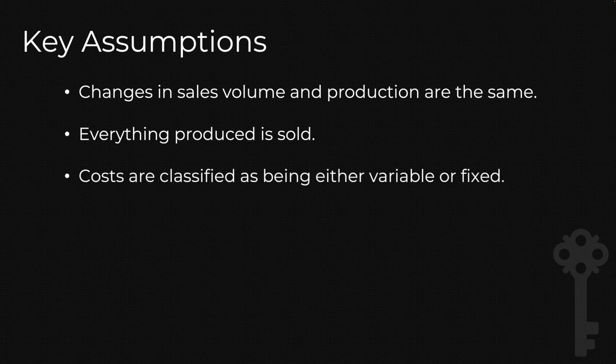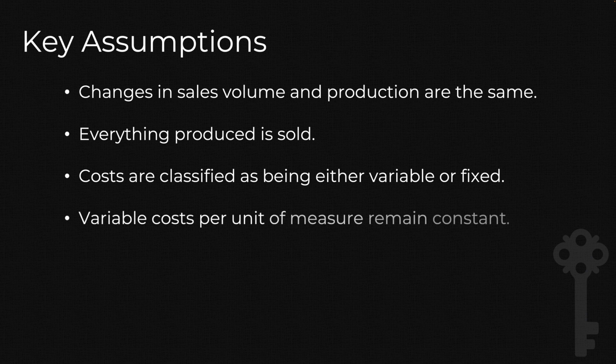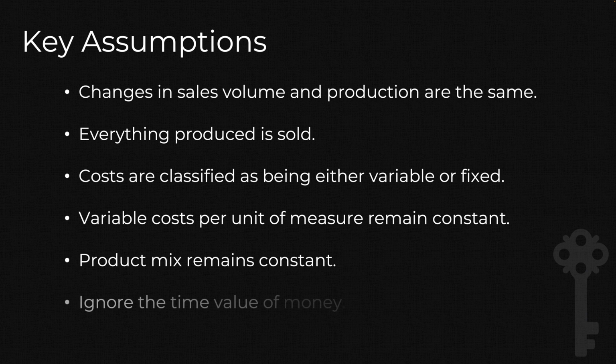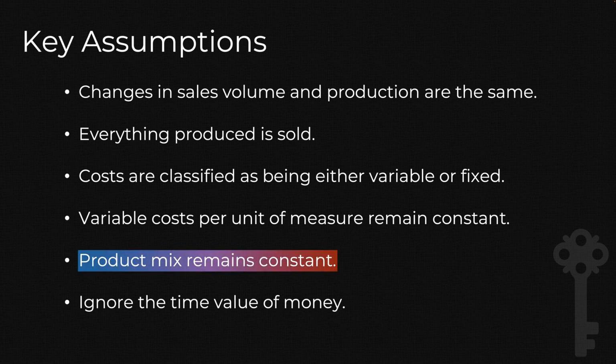That means a mixed cost is broken into its variable and fixed components. Variable costs per unit of measure remain constant. Product mix remains constant. And we ignore the time value of money. Of all of these assumptions, we are going to focus on the product mix remains constant. That helps us figure out break even in a multi-product environment.